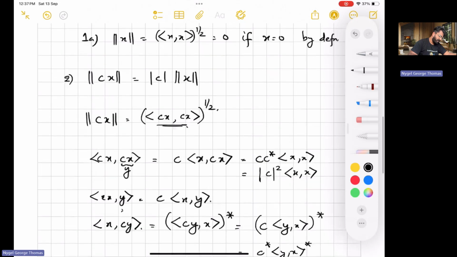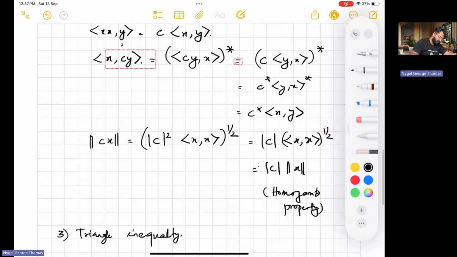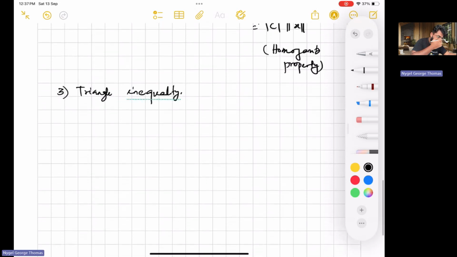Now the last property is the triangle inequality. For that, we have to find the norm of x plus y, right? By definition, this norm is derived from the inner product.